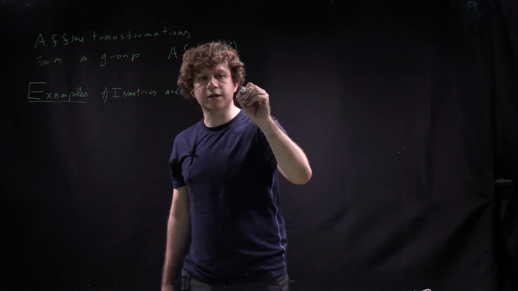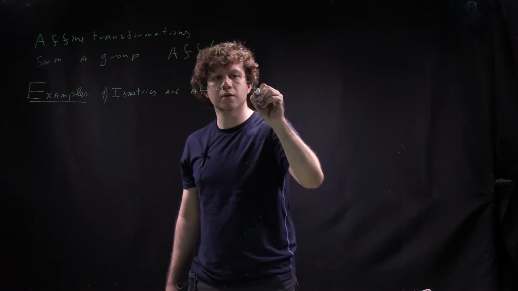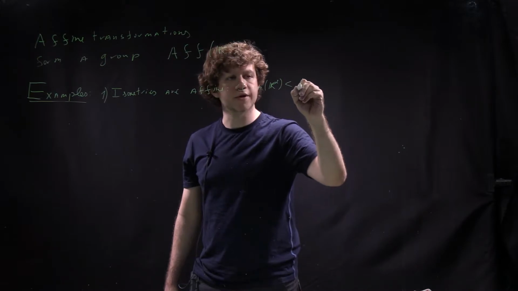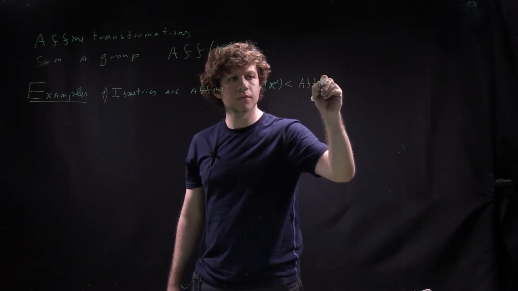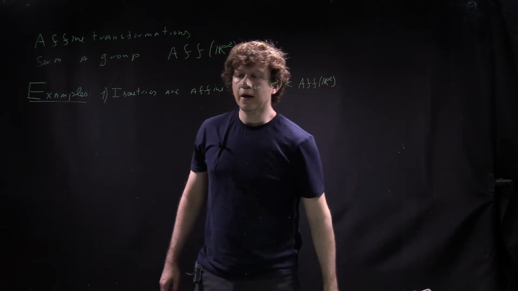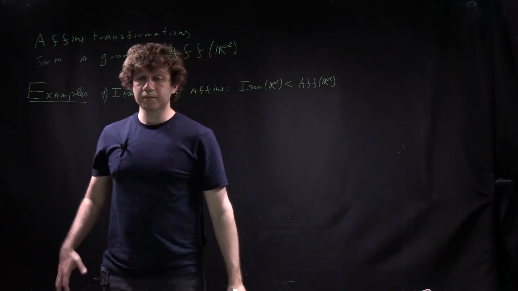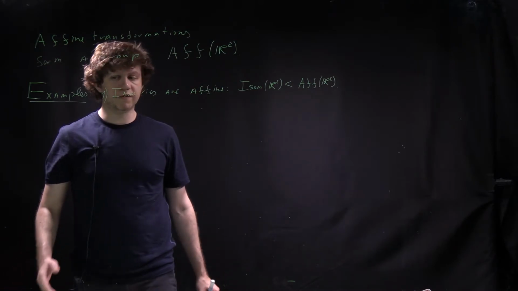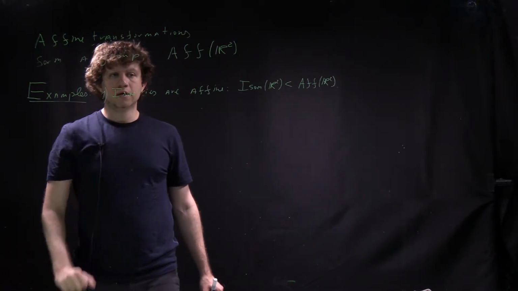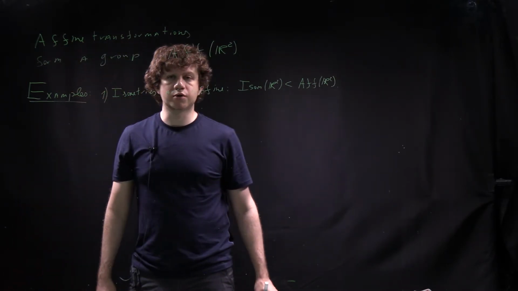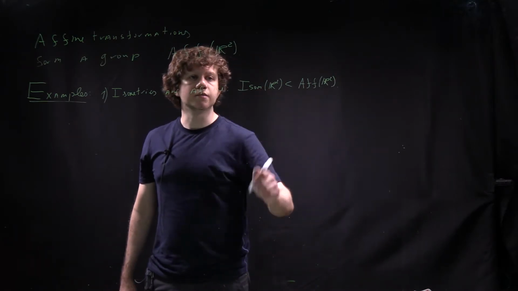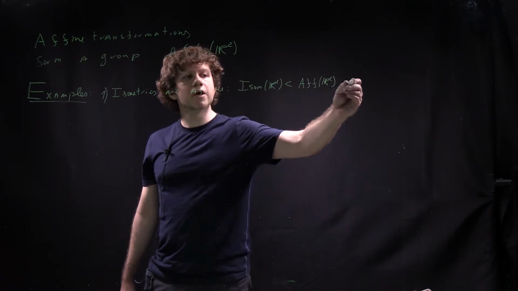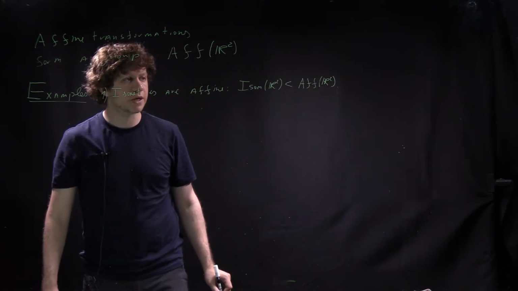In other words, I can say that the group of isometries is a subgroup of the group of affine transformations. And that's more or less obvious because we know that if you take 3 points on the same line, they will go under an isometry to points in the same line. And we know that isometries are bijections. So that's pretty straightforward. And so now we have already a lot of affine transformations.